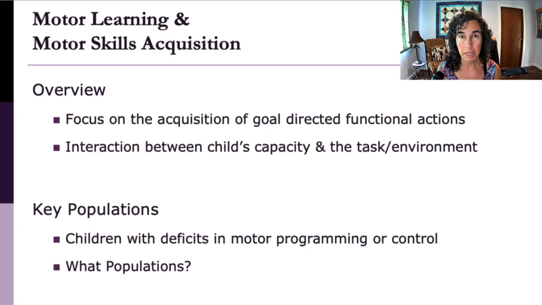Populations could be children with cerebral palsy, children with motor control issues, things like that, right? So it's a little bit more concrete type of theory. So we're going to look at things like motor issues versus perceptual issues, potentially.